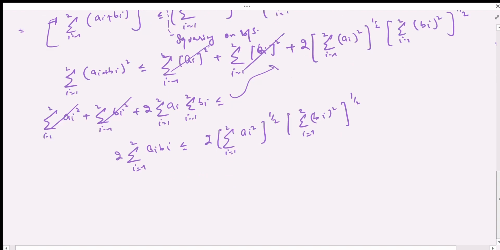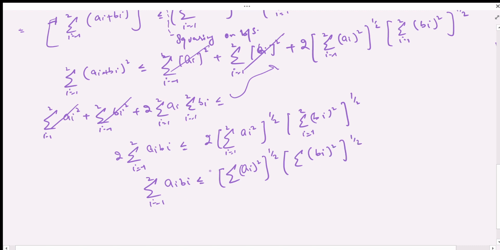You can further cancel out 2 and 2, and the last thing that you will get from here is summation i running from 1 to 2, ai bi is less or equal to summation ai square, 1 over 2, and summation bi square, 1 over 2.